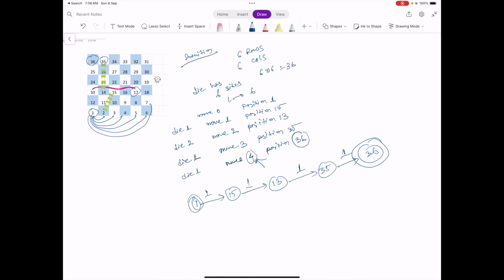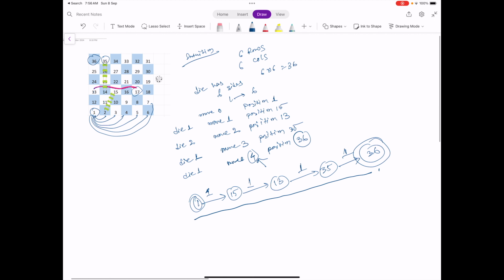We can see that we are moving step by step, from one step to another, and this we can think of as a directed graph. This is the start position, and this is the end position we need to reach. We are sequentially moving our position by one.